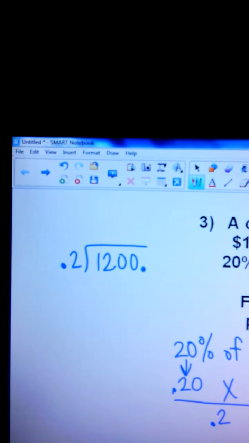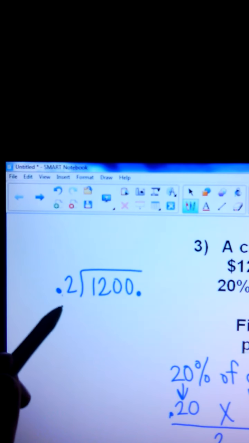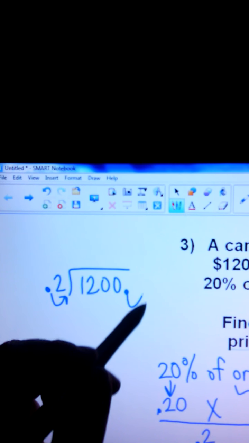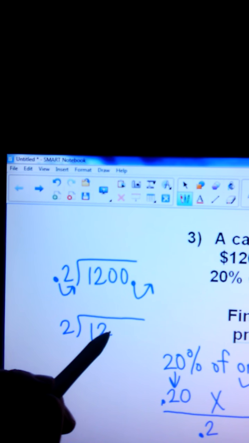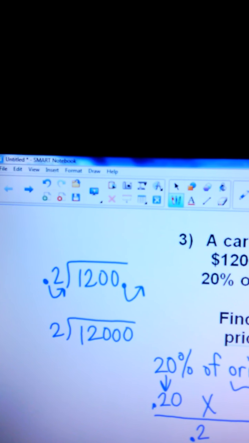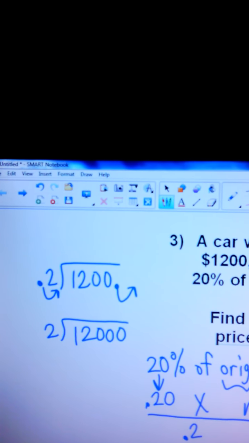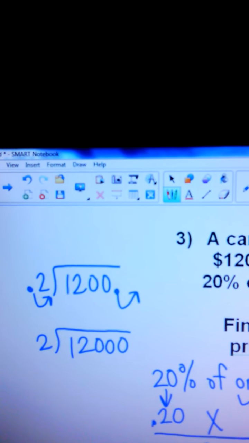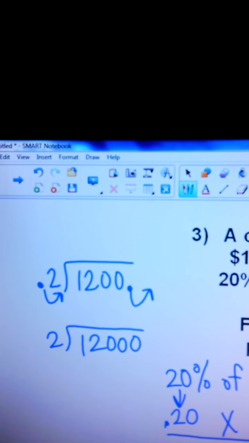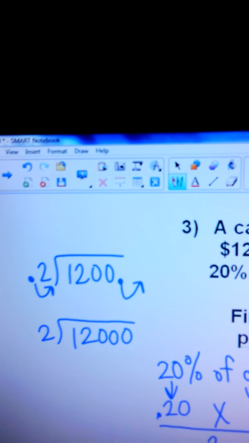Move each decimal point one place to the right. Add one more zero inside the house. So, simple division, and we have our answer.